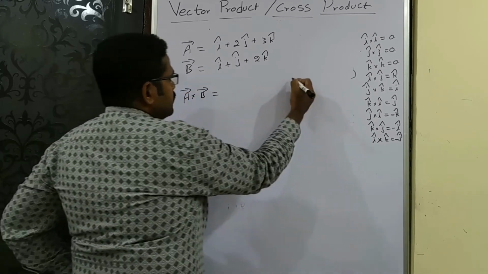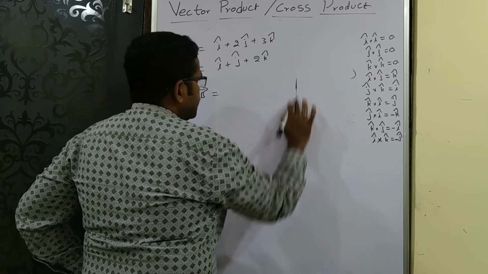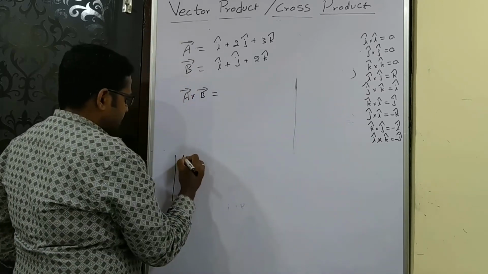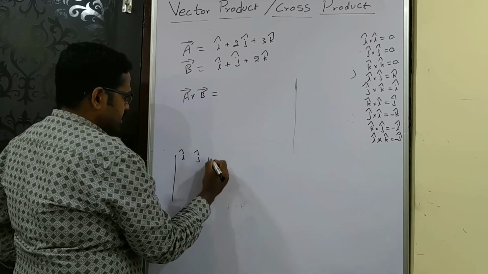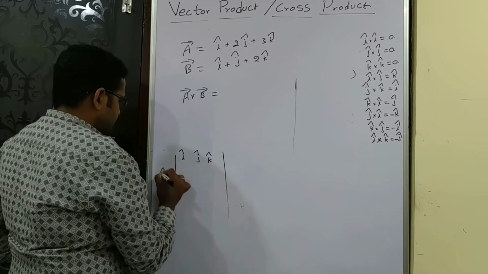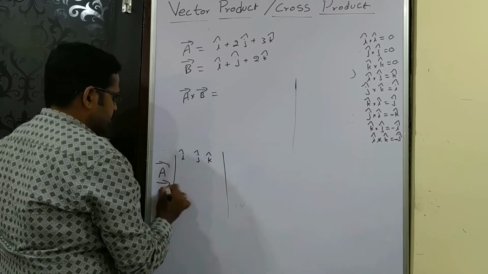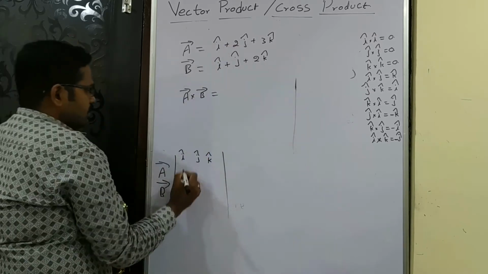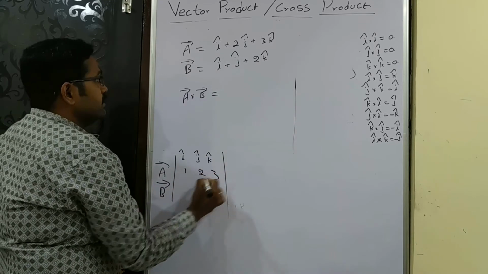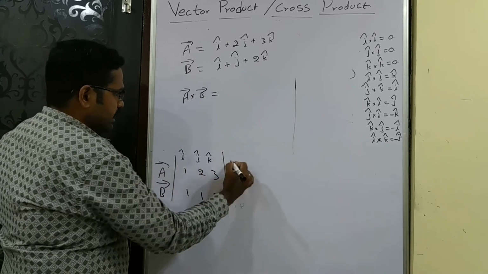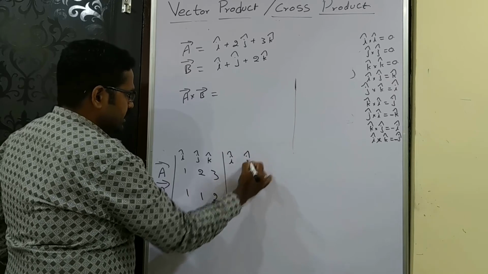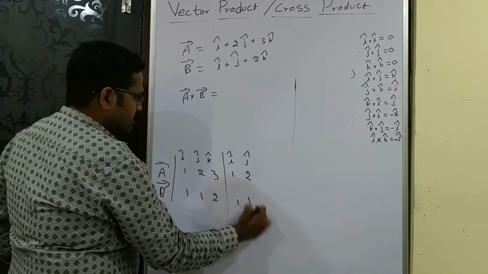This is equal to, going here, i cap, j cap, k cap, vector A, vector B. So how much are vector A's components? 1, 2, 3, 1, 1, 2, again i cap, j cap, 1, 2, 1, 1.